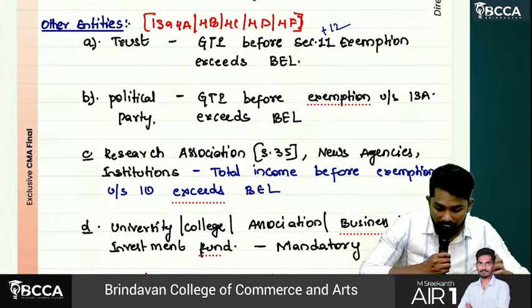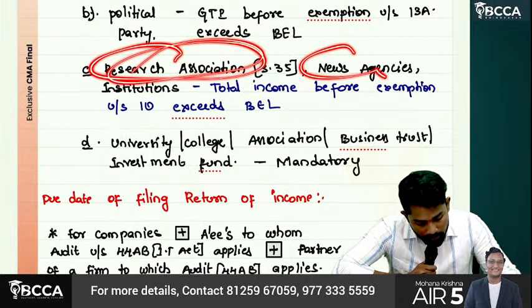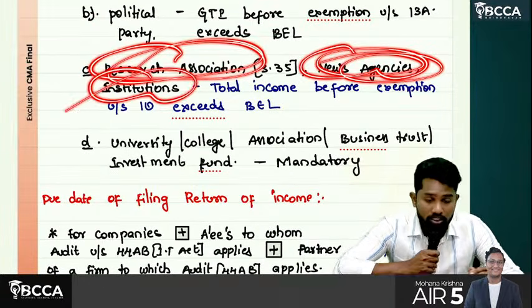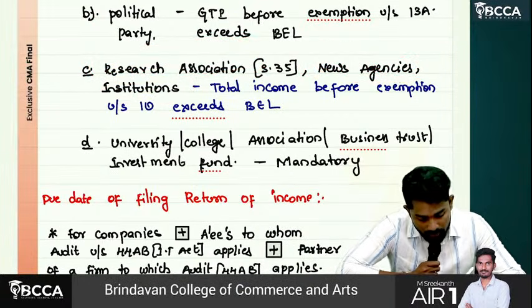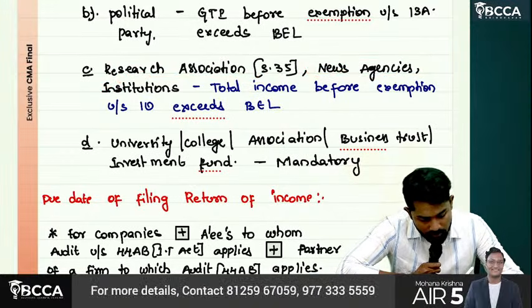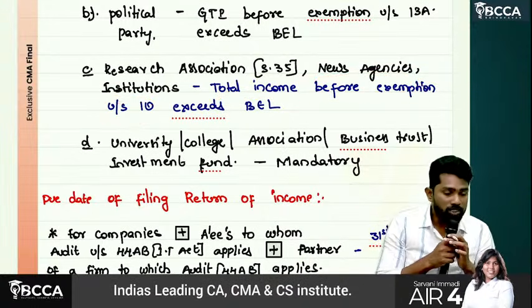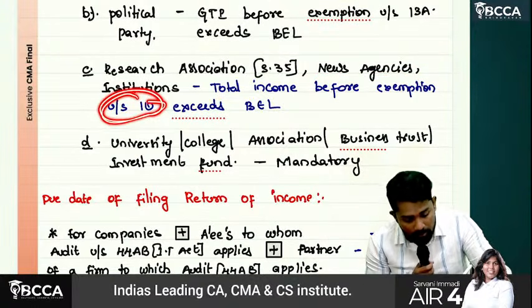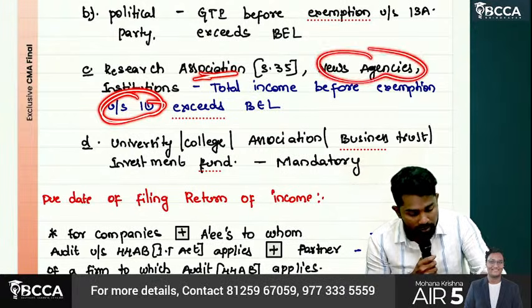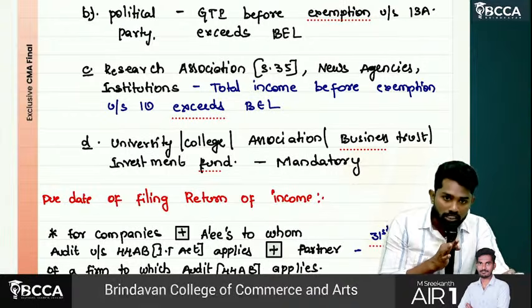to be filed. Then, research associations, news agencies or institutions, mutual funds, many other things also covered, sir. They'll have some exemptions under section 10, but before giving that exemption, if total income exceeds the basic exemption limit, then they also have to file return of income.